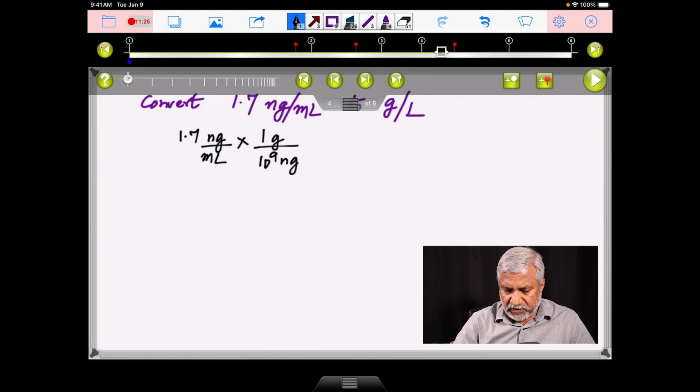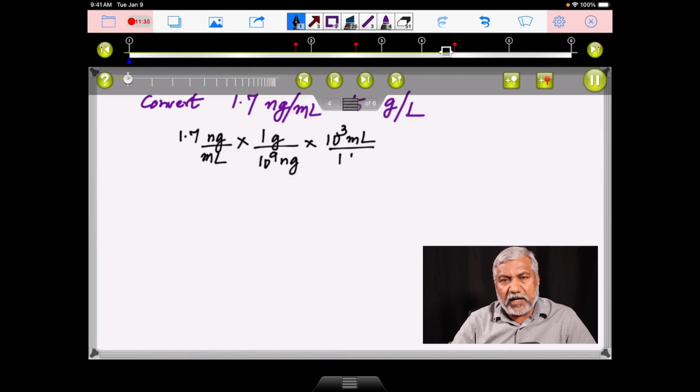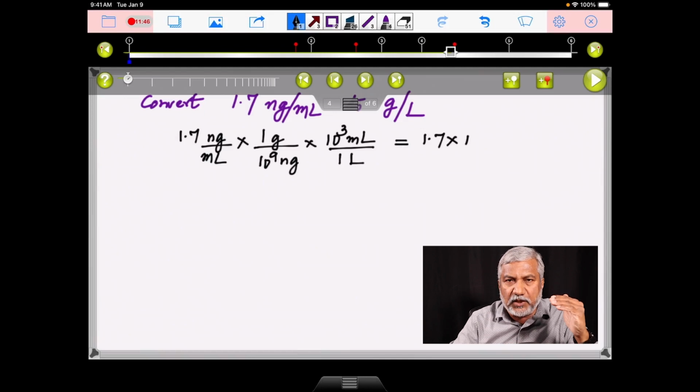Times, now you got to convert liters into milliliters. So 1,000 milliliter or 10 to the power 3 milliliter is 1 liter. So when you do that, you see you have 10 to the power 3 on top, 10 to the power 9 below.